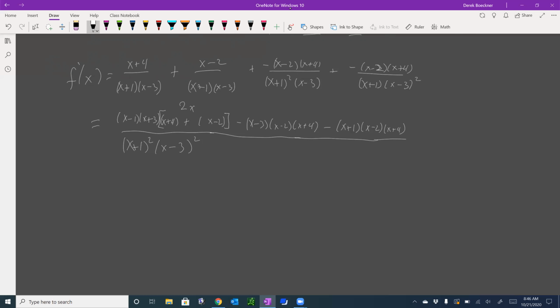Okay, this is 2x plus 2. Gonna FOIL that out, x squared plus 2x minus 3, minus, let's go with an x minus 3, x squared plus 2x minus 8, x plus 1, x squared.